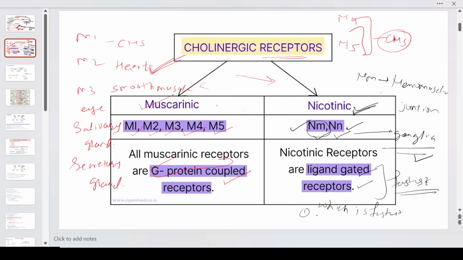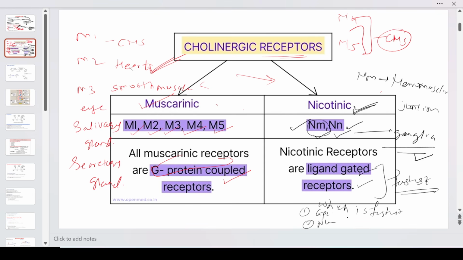And they will give options: G protein coupled receptor, nuclear receptor, then an M receptor, or maybe enzymatic receptor. So this NM is also a ligand gated ion channel. It means it is a fastest acting receptor. So this kind of indirect question they may ask.